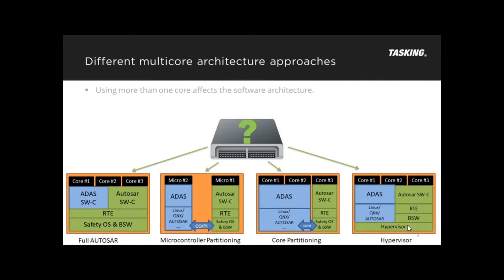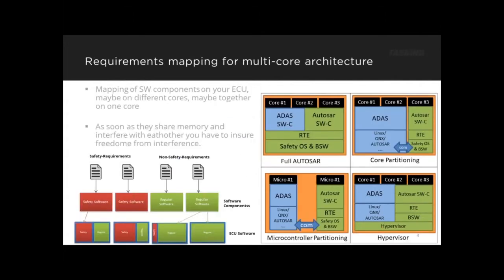For each approach, definitely there are pros and cons. For example, for the microcontroller partitioning, in terms of cost, this is the highest, the most expensive solution that you could go for.